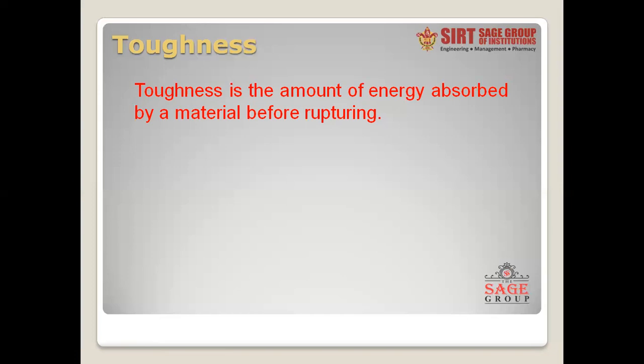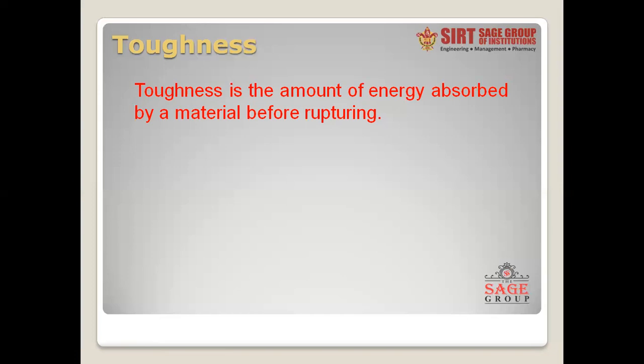We take the example of glass and steel. Glass is a harder material, but not tougher. You drop it from some height, it breaks easily, but steel doesn't break so easily because it absorbs the energy of the impact.